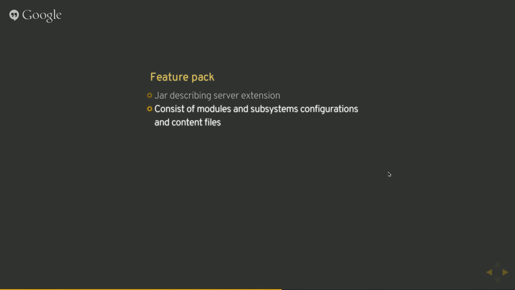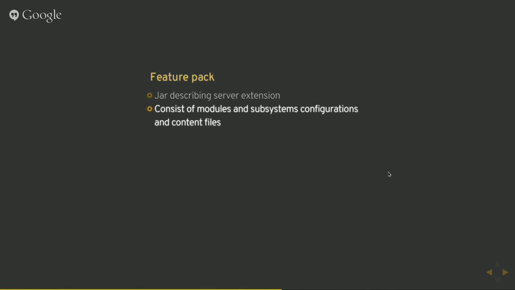I would like to say a few words about the tools that you can use to create your own distribution if it's necessary. First of all, we have introduced the concept of feature pack. The feature pack basically is a jar describing a server extension. Parts of this description are modules, module configuration, subsystem configuration, and content files.